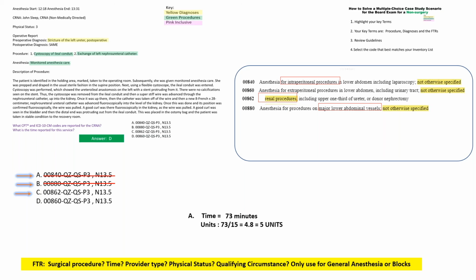So that doesn't exactly specify the procedure which is performed. So in that case, the correct one will be option D, 00860, that is anesthesia for extraperitoneal procedures in lower abdomen, including urinary tract, not otherwise specified. Is that clear, coders?